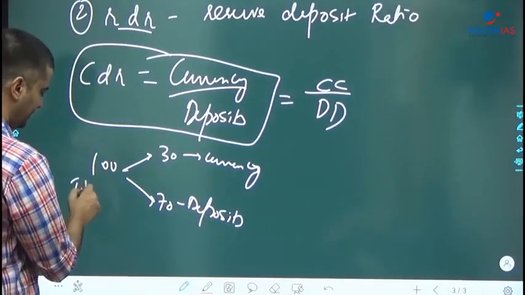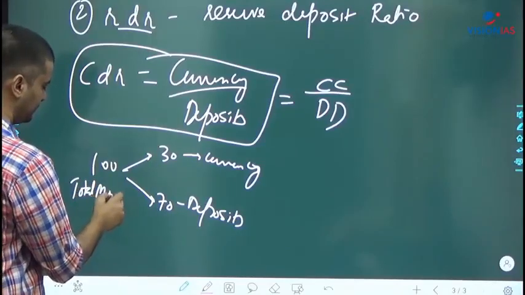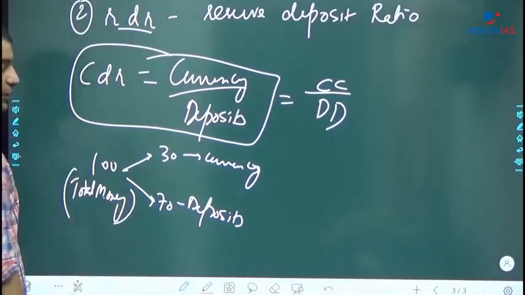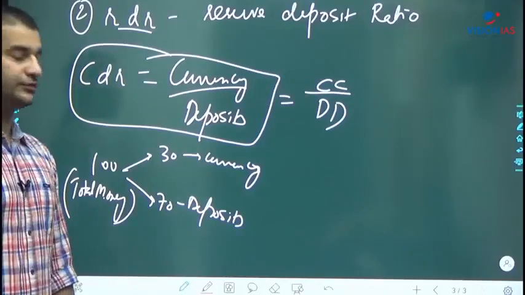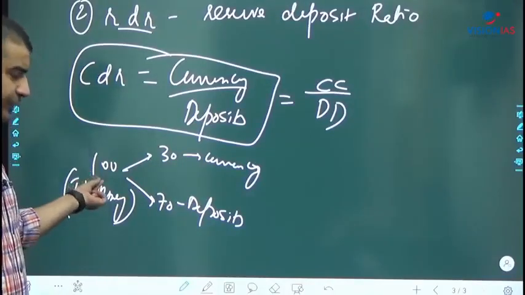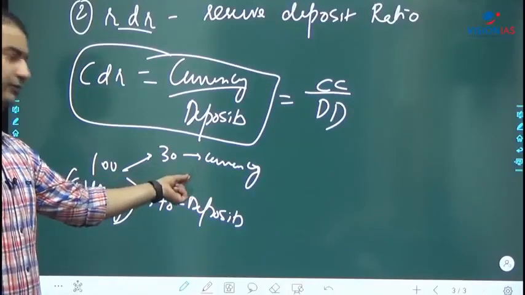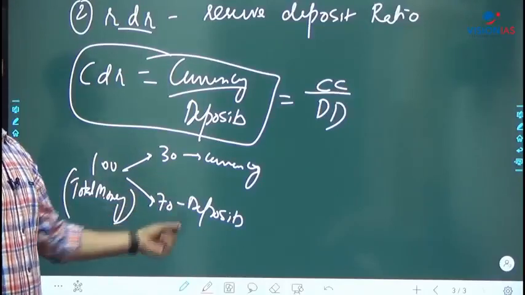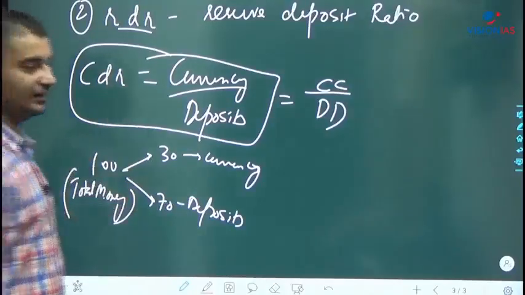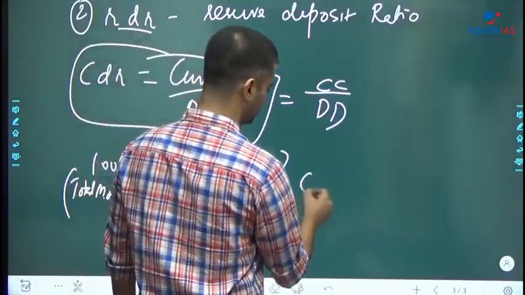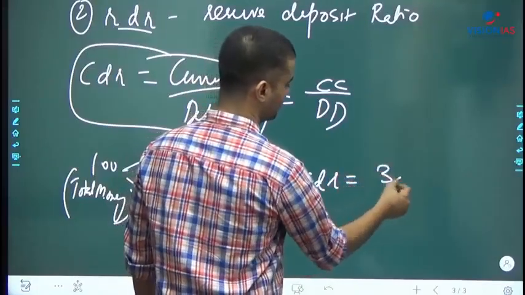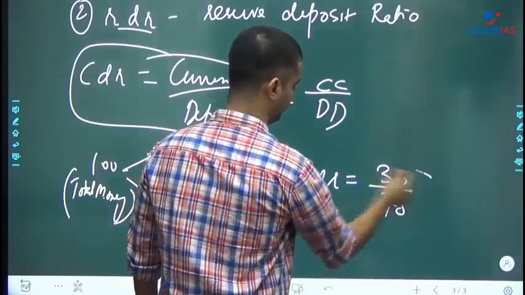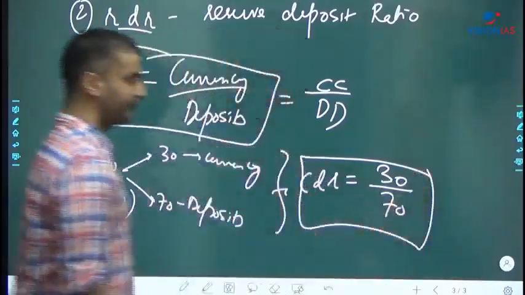Total money in circulation is 100. Let's say I possess 100 rupees. Out of 100 rupees, I keep 30 rupees with me in the form of currency and 70 rupees in the form of deposits. So CDR, currency deposit ratio, would be how much? 30 upon 70.